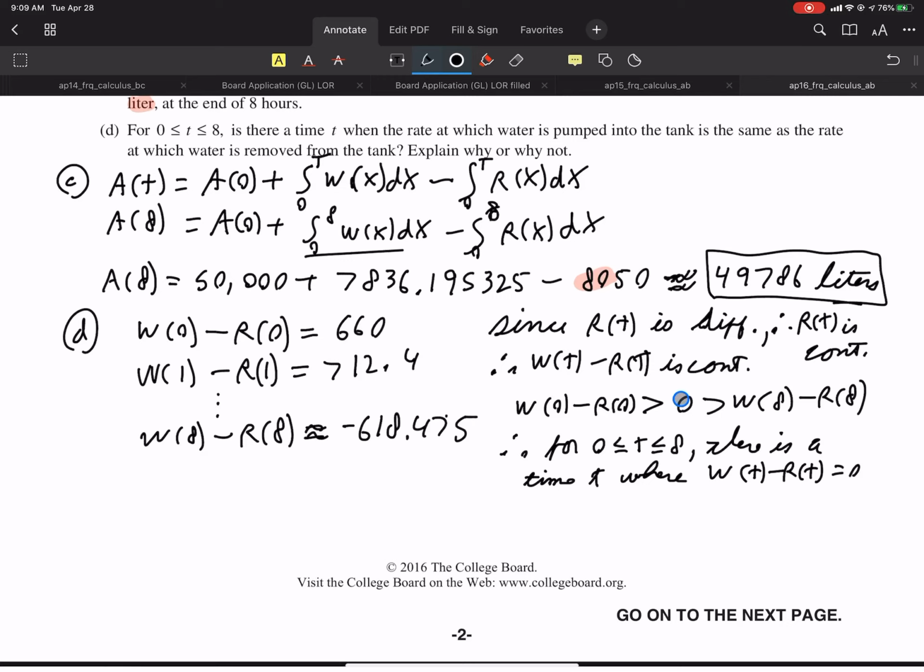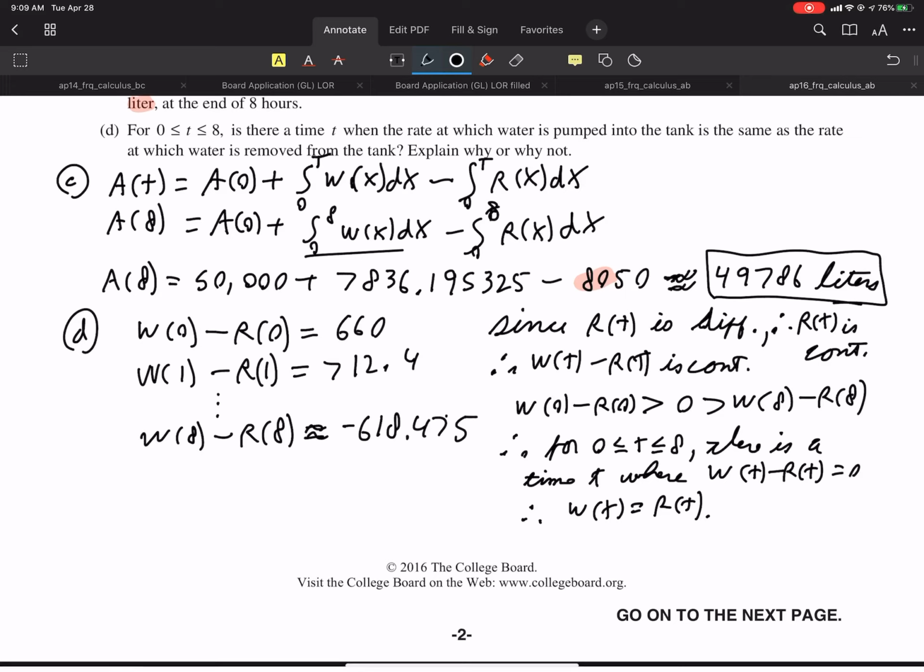So since 0 is between these, it has to cross 0. Therefore, W of t must equal R of t. I just add R to the other side. So we have proven there's that time.